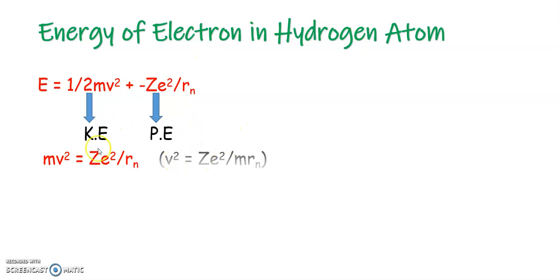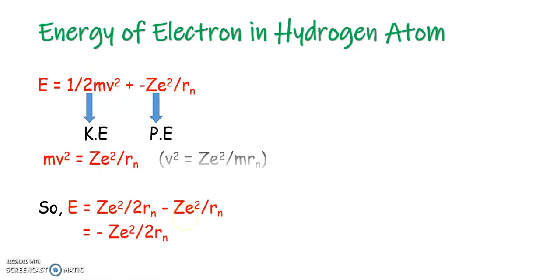From the previous equation, we have mv square equal to Ze square by Rn. Hence, the energy can be written like this, that is equal to minus Ze square by 2 Rn.